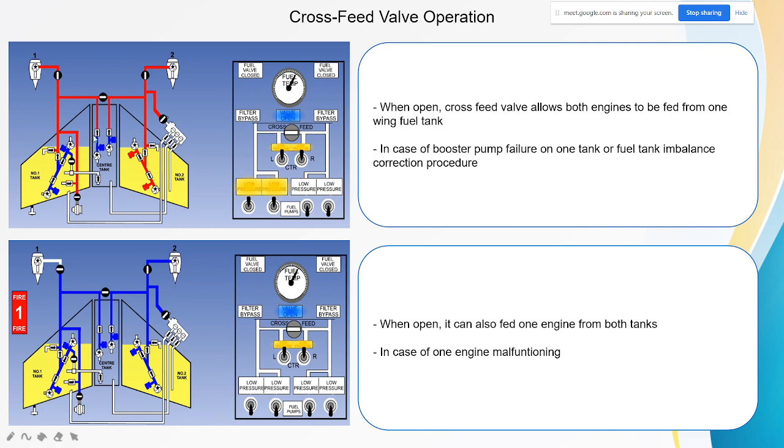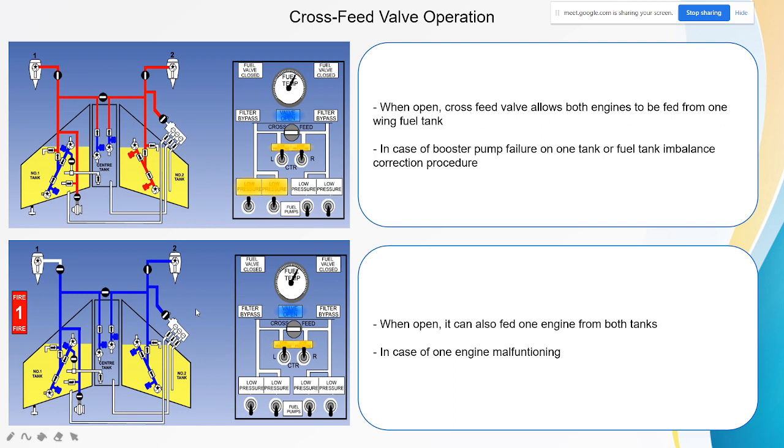So let's say the left tank booster pumps fail, so it cannot provide flow, or enough flow, to engine number 1. To help provide enough flow for engine number 1, the crossfeed valve will be opened, placed horizontally, to allow the fuel from tank number 2 to feed both engine number 2 and engine number 1.